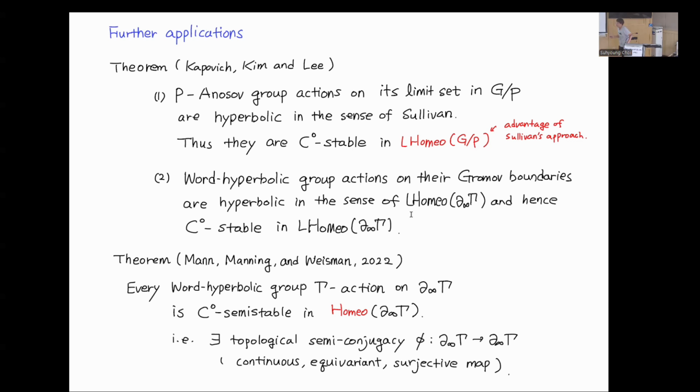So they dropped the ellipticity part. That means there exists a topological semi-conjugacy from the group boundary to the group boundary, a continuous but surjective map. But they also use the same technique of Sullivan.